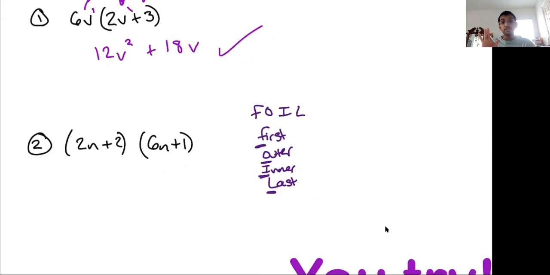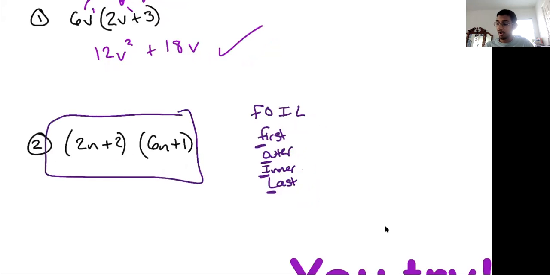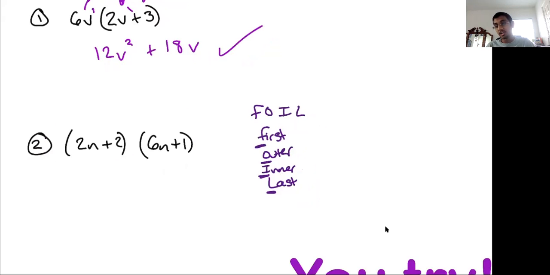So when I have these two things together, I want to figure out how I can actually multiply both of these in such a way that everything is getting multiplied. So the first step would be to do the first terms of both of the parentheses. This is the first term of each parentheses. So we'd multiply the 2n times a 6n.